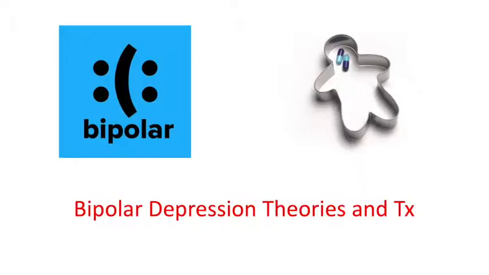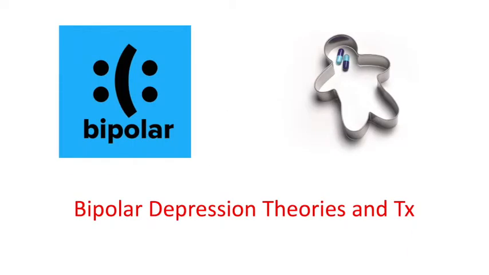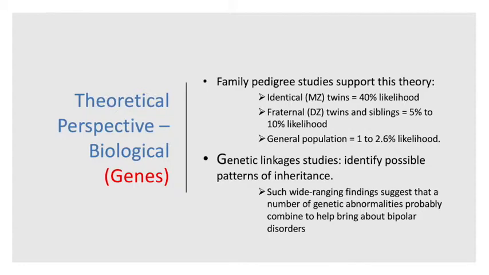In unipolar depression, the dominant models are, of course, behavioral and cognitive, as we spoke about. But with bipolar disorder, the genetic models are more dominant. And again, much like the estimates we see in unipolar depression, bipolar disorder too seems to be something that, quote-unquote, runs in families.